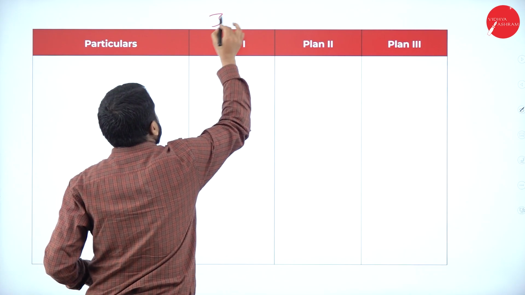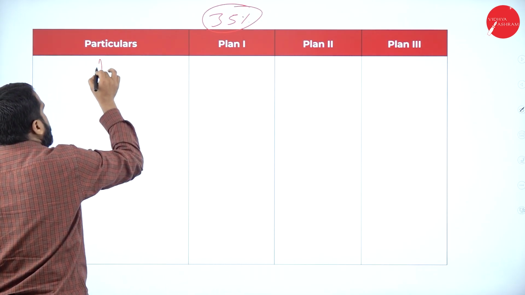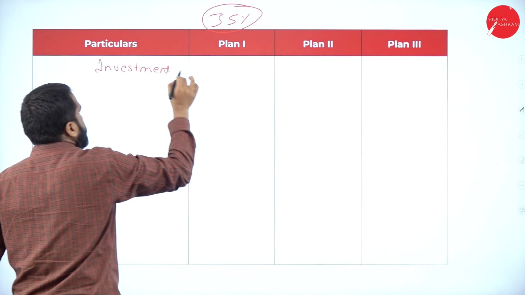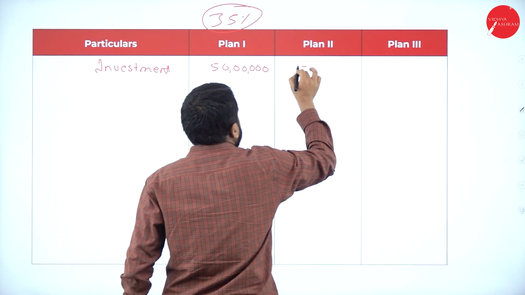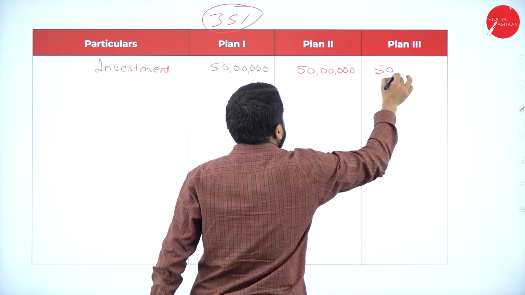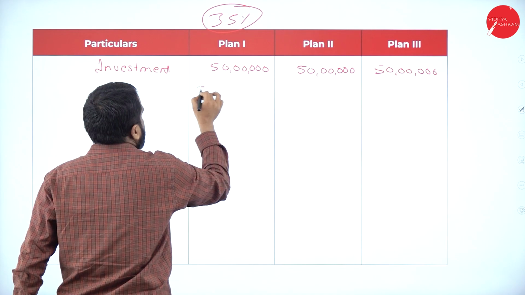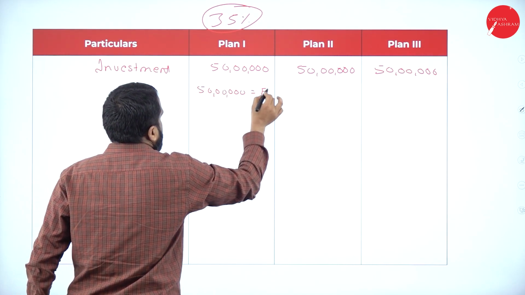So this is for 35% and this will be your investment. Investment will not change. It will be 50 lakh in each. In the first option, complete 50 lakh is equity.